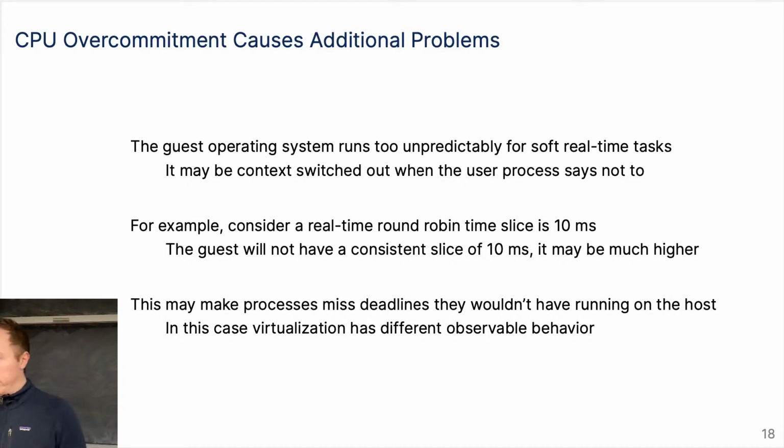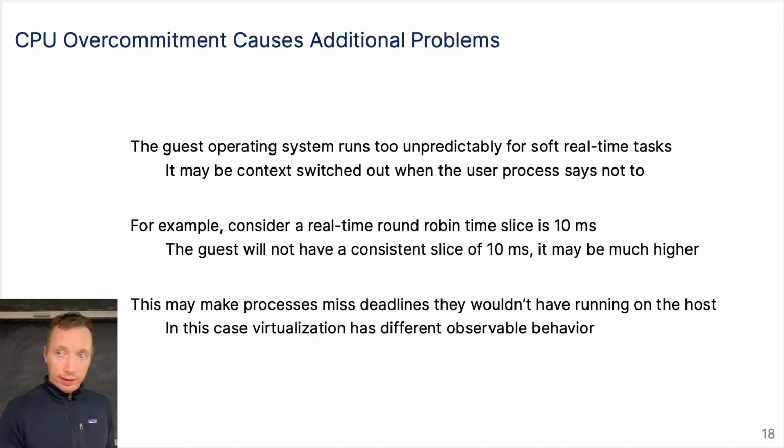So the virtual machine might only think 10 milliseconds has actually passed, but it will be longer than 10 milliseconds, and then you'd probably miss your deadlines. So you might actually see some ineffective virtualization if you really, really care about soft real-time systems, because there's going to be some additional overhead.